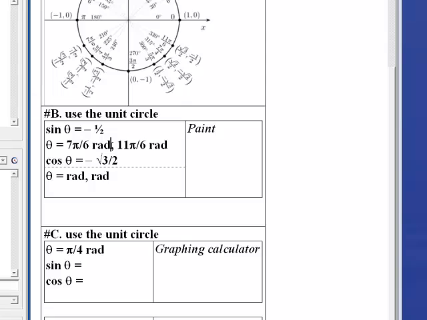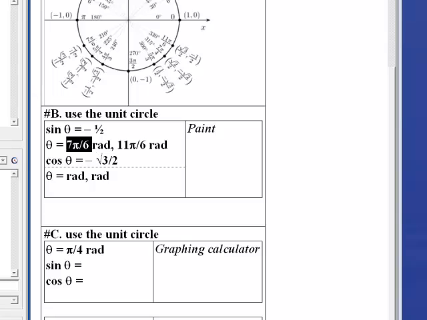For the cosine, x-coordinate is negative square root of 3 over 2, so we're at 240 degrees, pi over 3. Oops, I was looking at the wrong one. X coordinate is negative square root of 3 over 2, which is 7 pi over 6, or 210 degrees.